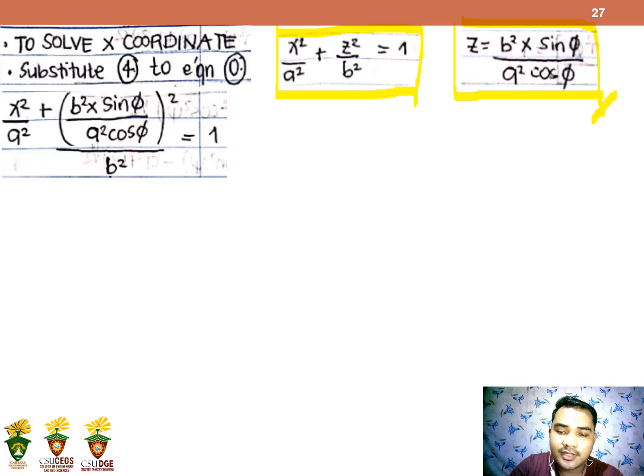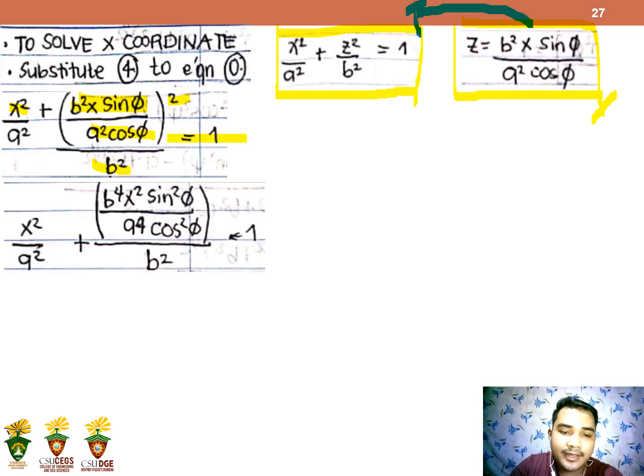We substitute that value into this one. Therefore we have x squared over a squared plus z, which is b squared x sine geodetic latitude all over a squared cosine geodetic latitude, all squared, over b squared, is equal to 1.